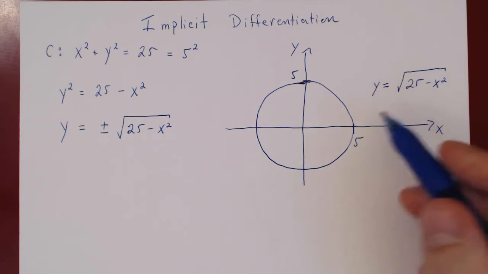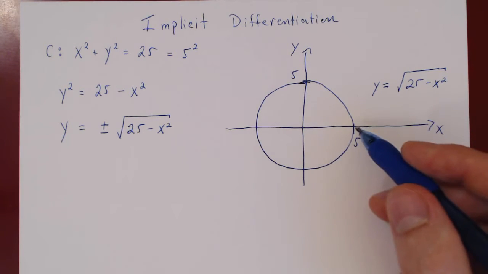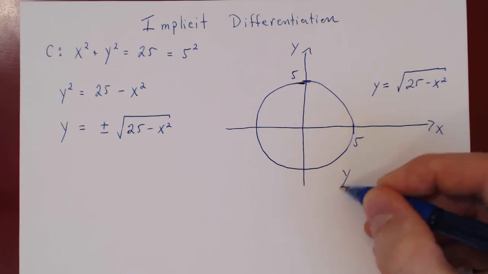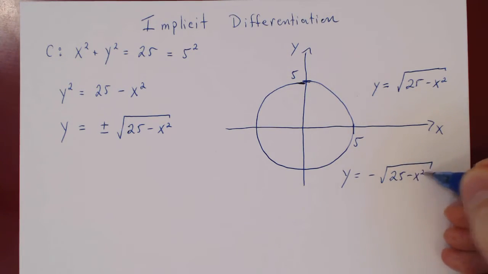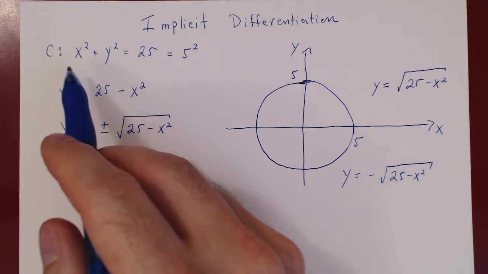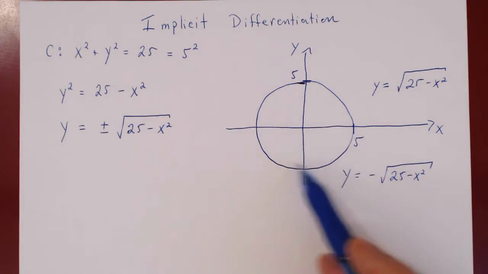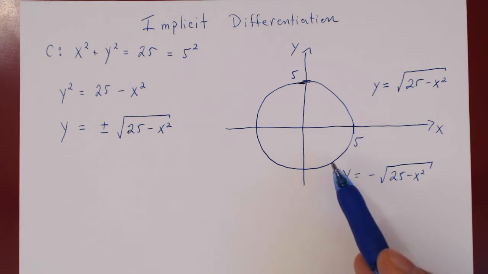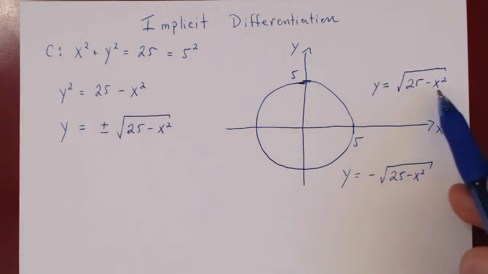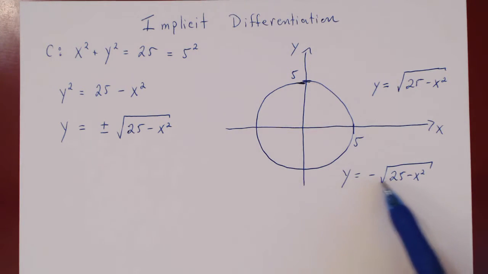And so this function, the upper semicircle, gives you half of the curve, and the lower semicircle, of course, is given by the negative. So you see, the algebraic equation x squared plus y squared equals 25 is not a function, because for any given x value, there are two y values, but this curve is built from two functions. This function gives you the upper half of the semicircle. This function gives you the lower half of the semicircle.